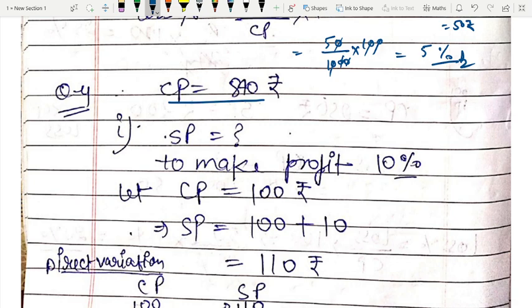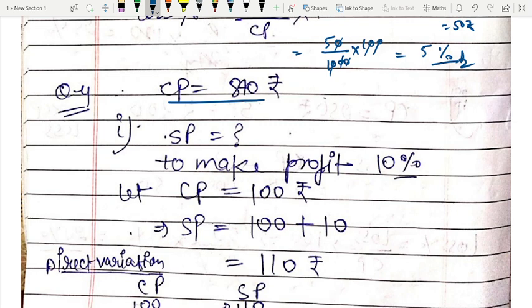Now in the first part he is saying at what price should he sell to make a profit of 10%. How much is our profit? 10%.